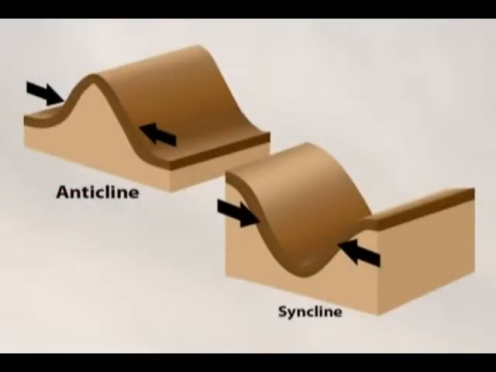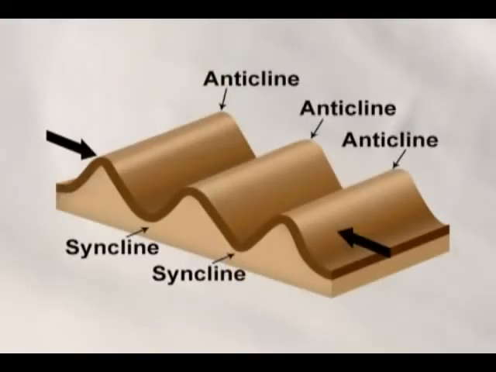The two big ones, however, are anticlines, an up warp, and a syncline, which is a down warp. Now, you can have an anticline all by itself, or I guess you could have a syncline all by itself. I've never seen one like that. Wherever they form under compression, you have them in sets. Anticline, syncline, like that. Now, here's a question students always ask.